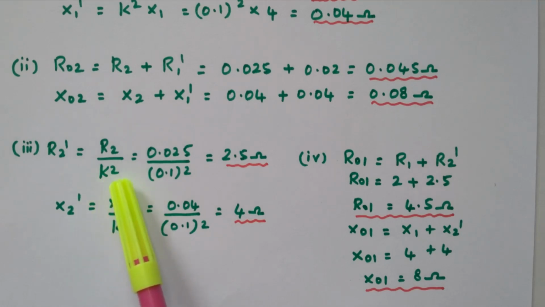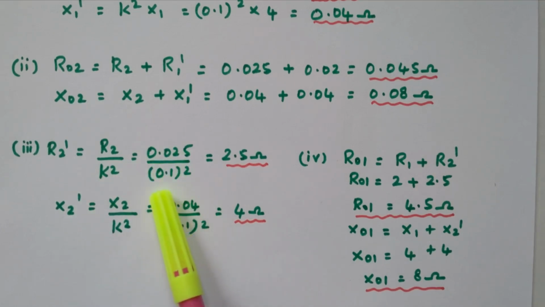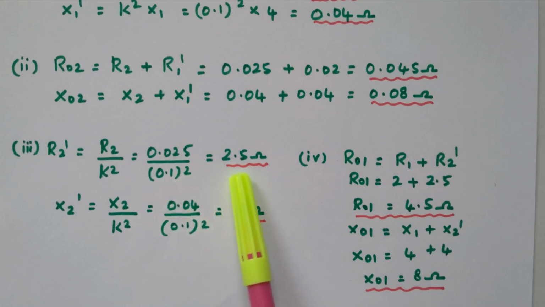So, while transferring from secondary to primary, it is divided by K square. So, 0.025 divided by 0.1 square, it is 2.5 ohm. Similarly, X2 dash equal to X2 divided by K square, 0.04 divided by 0.1 square, it is 4 ohm. Right. So, these two are the equivalent resistance and reactance of the secondary while transferring to the primary side.